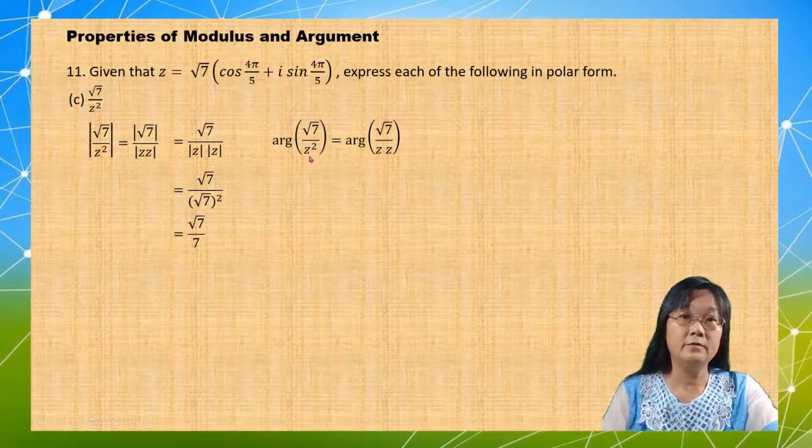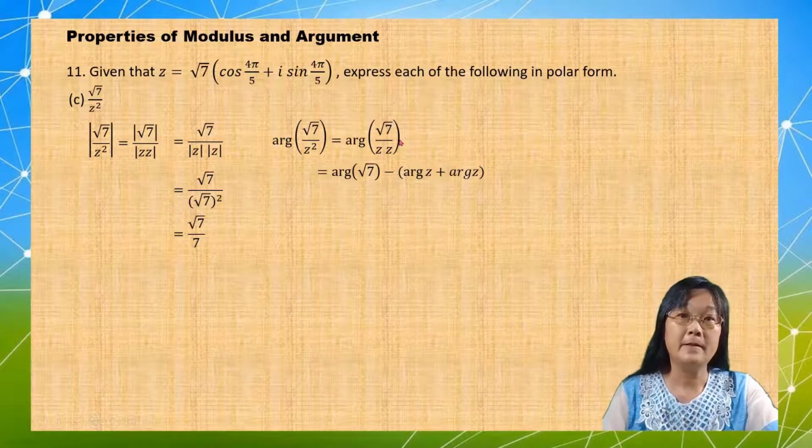So first we know that z squared is equal to z times z. Then by using the properties of argument, we know that the argument of square root of 7 over z times z is the argument of square root of 7 minus the argument of z times z, which is argument z plus argument z.